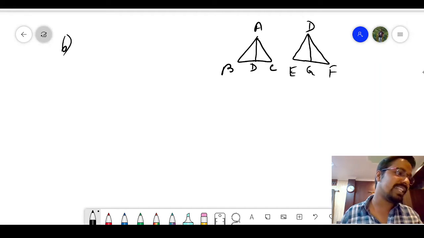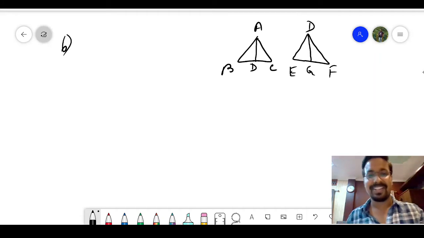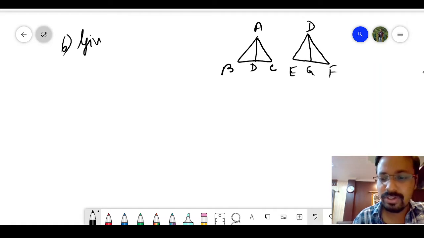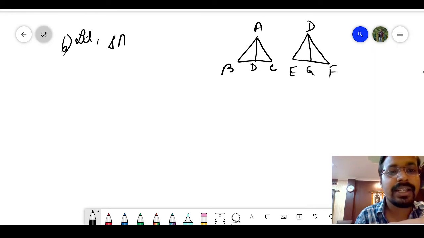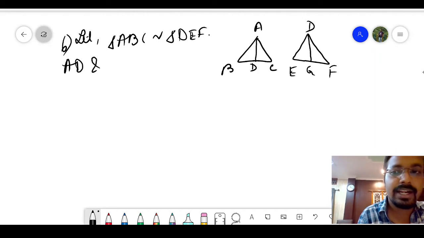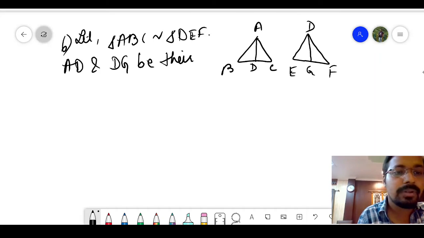So we have to prove that the ratio of the areas of two similar triangles is equal to the square of the ratios of their corresponding medians. So given, or let's not write given, let's write let triangle ABC be similar to triangle DEF, AD and DG be their medians.